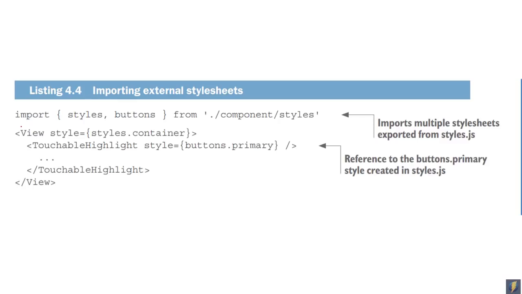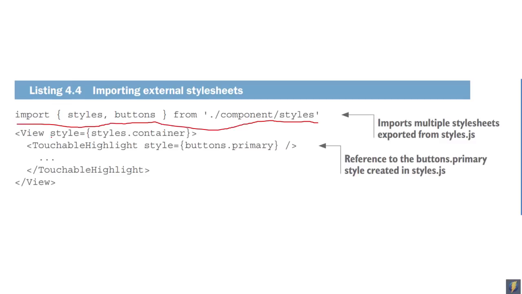In another file, we can import styles and buttons from the assigned file. So we import these from this file, and how to use them is the same as the previous method.